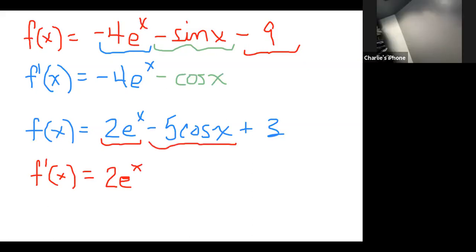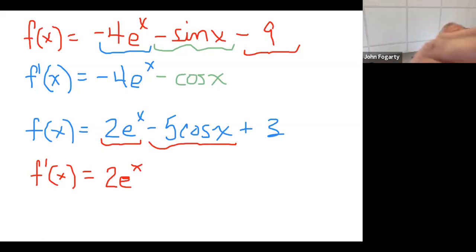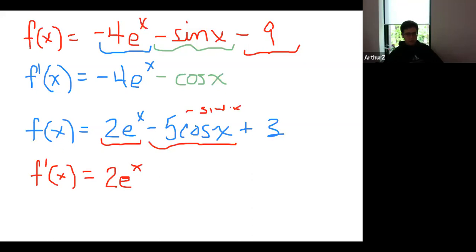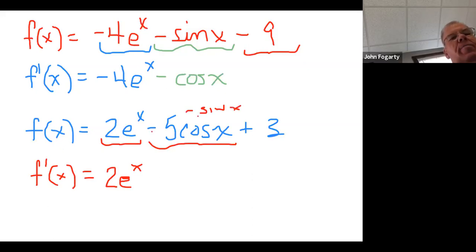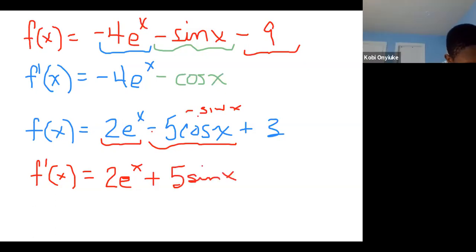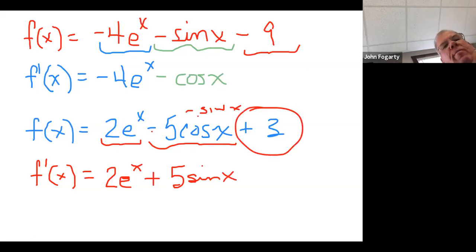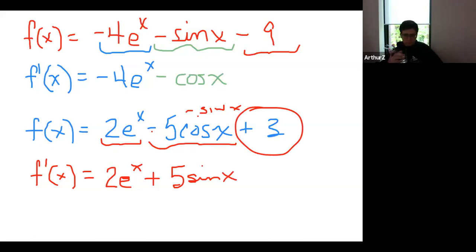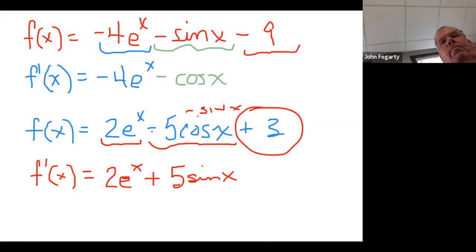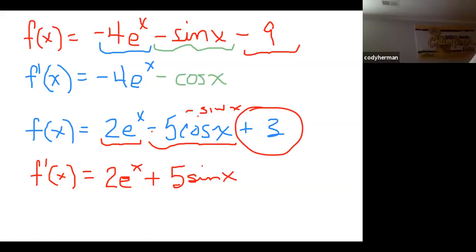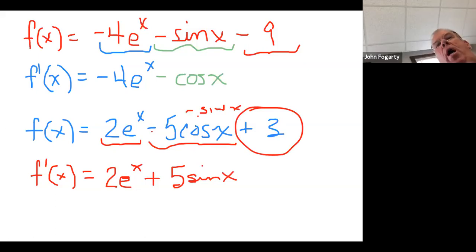What's the derivative of cosine of x? Negative sine x, so negative 5 times negative sine x is positive 5 sine of x. And the derivative of any constant is 0. Does that make sense? I'll get to a problem with the natural log in a few seconds. Right now, I just want to go through this.